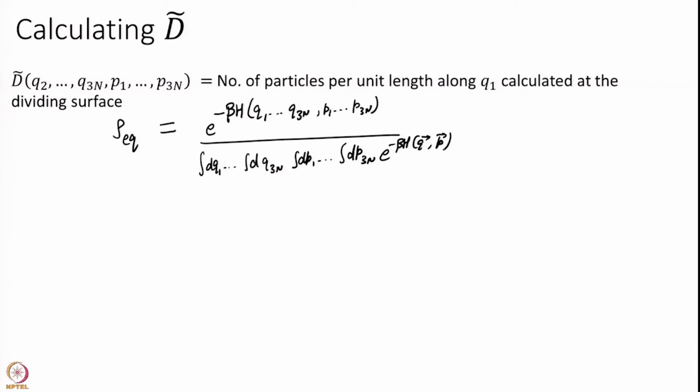Now I have to find the number of particles per unit length along Q1 only. So let us be more clear what I mean. I should have dQ1 to dQ3n into dP1 into dP3n. That is really the probability density. I should always have these infinitesimals with me.